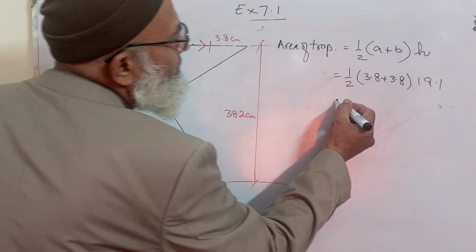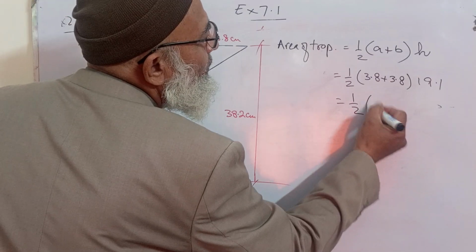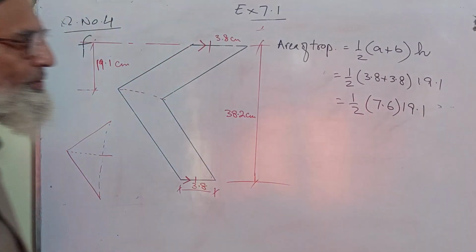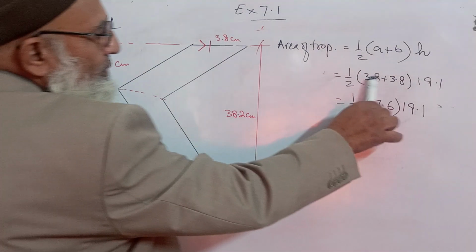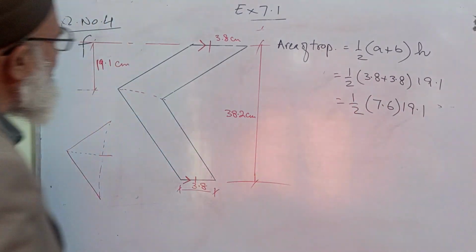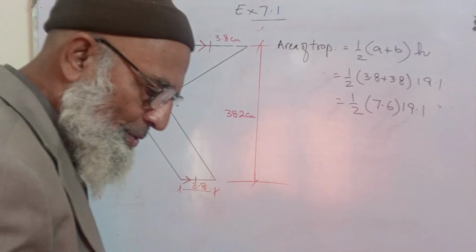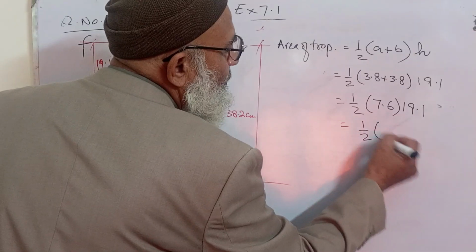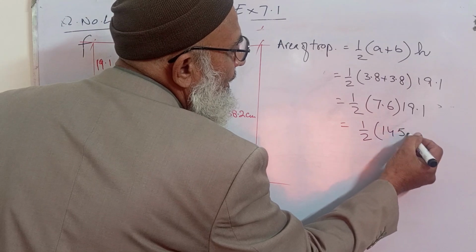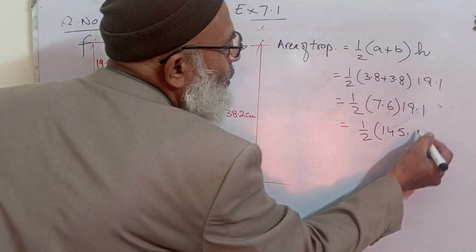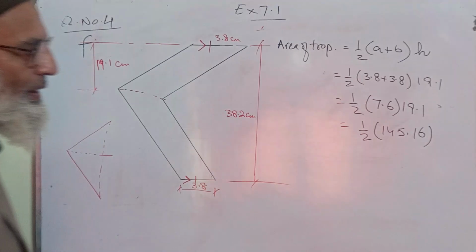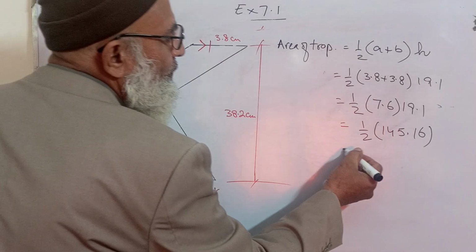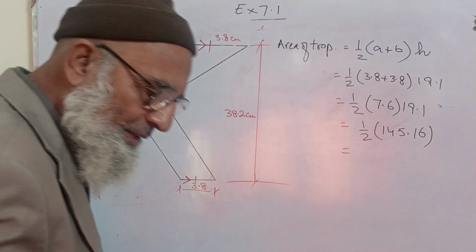So it will become half into 7.6 into 19.1. 3.8 plus 3.8 is 7.6. So let me calculate it. It is equal to 1 by 2 divided, 145.16. Now further divide it by 2.